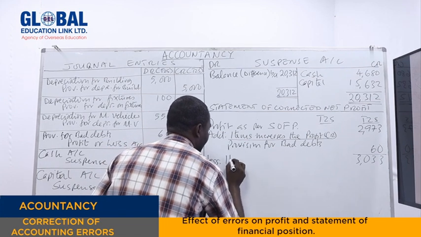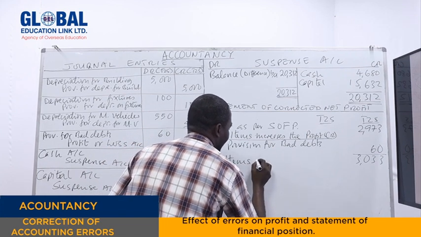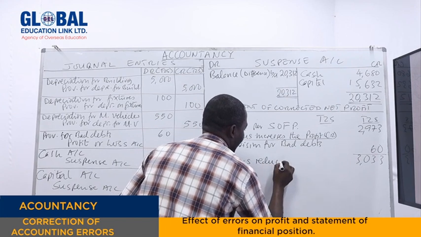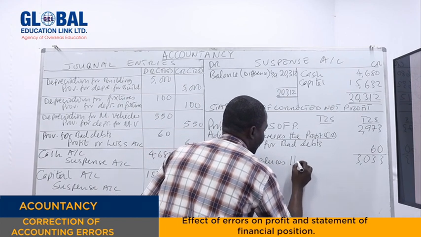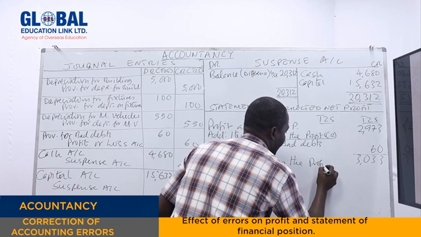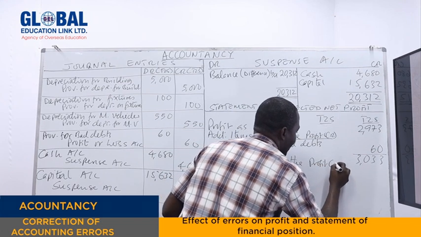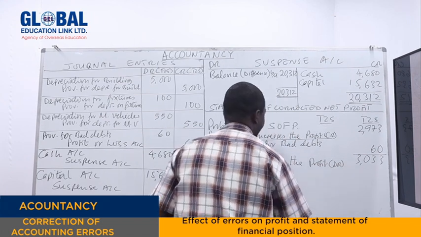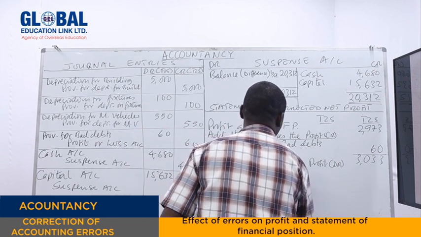So we less items that reduce the profit. That will be debit items from our journal.